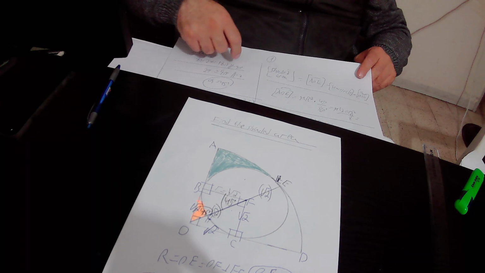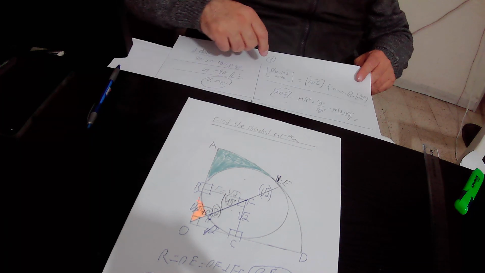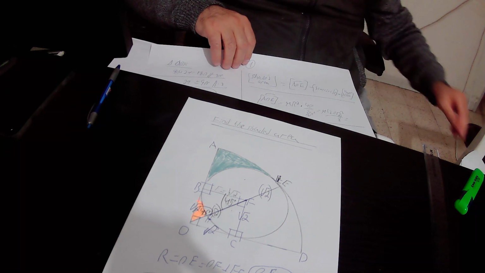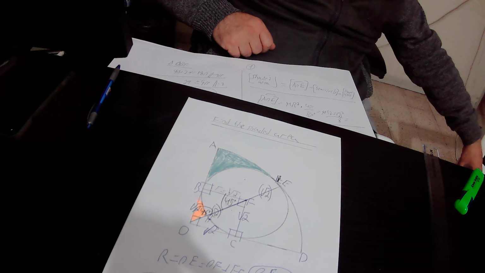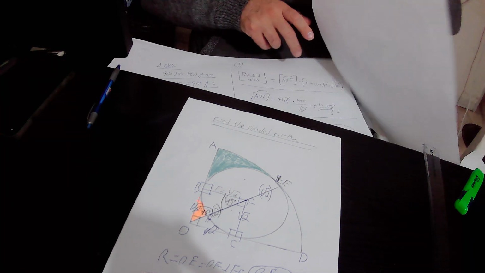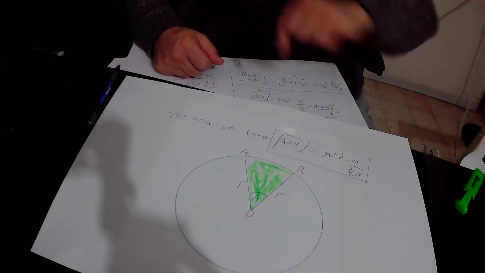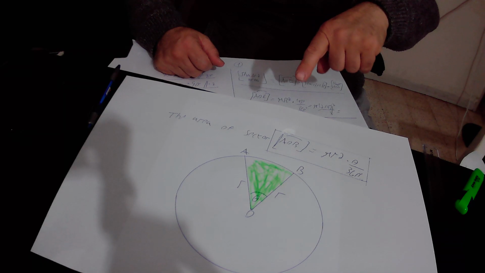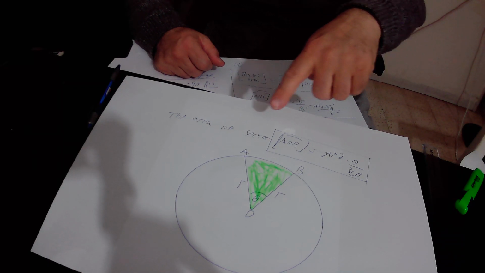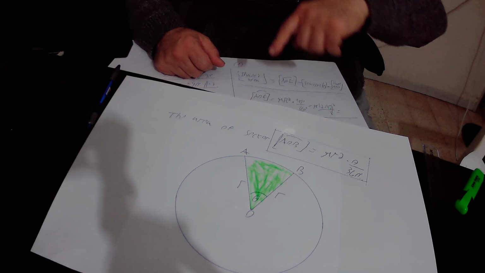So what is the area of sector AOE? We have the green shape, sector AOB.